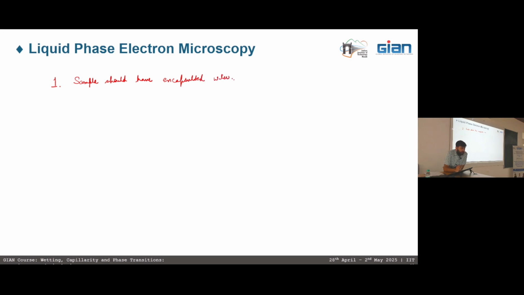It means that there should be an interface between the vacuum and liquid. So let's suppose that here we have water, and here we have vacuum. The other requirement is that the sample should be very thin.